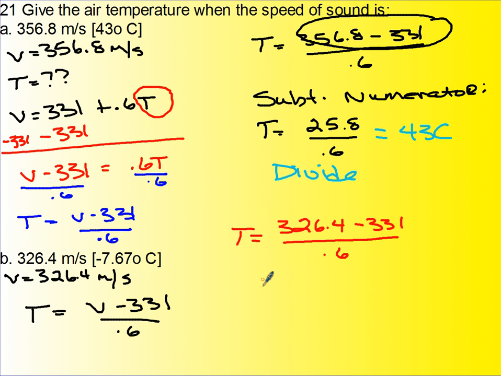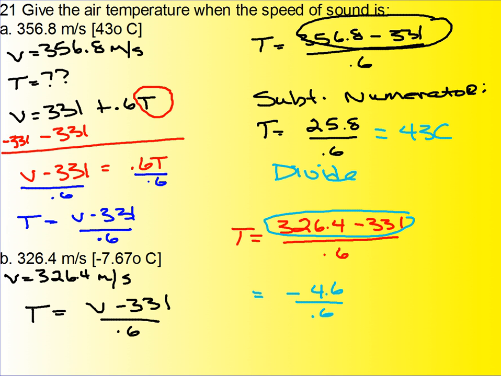The first thing I'm going to do is subtract. 326.4 minus 331 is negative 4.6. That's okay. Keep the negative sign, you're going to need it.